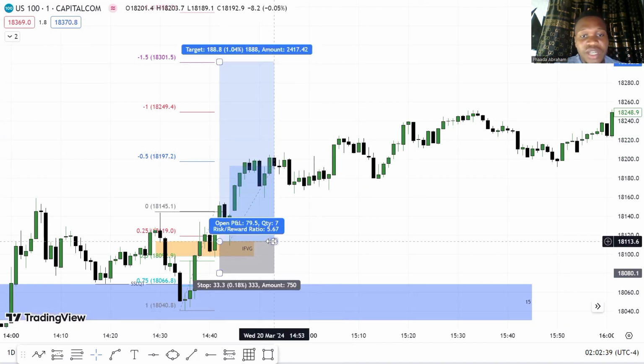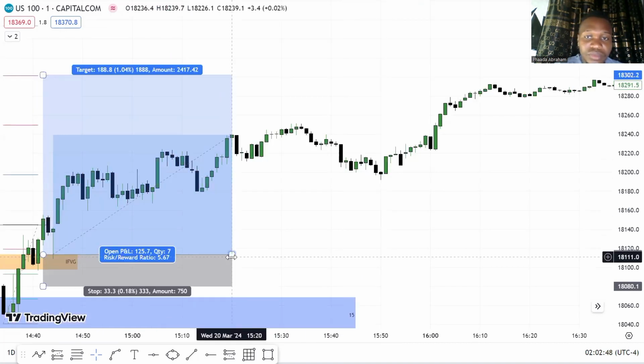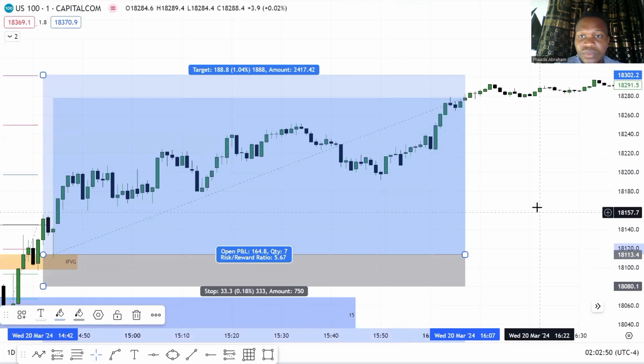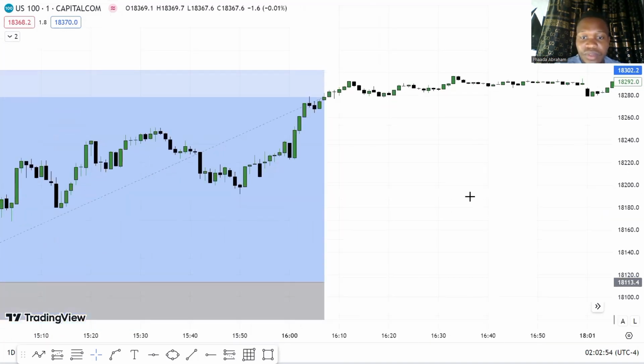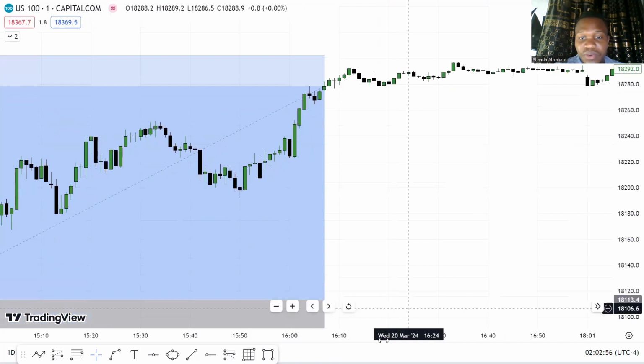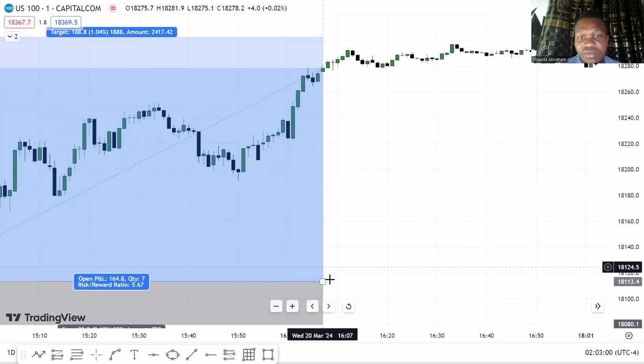So let's see how we behave at minus 1.5 standard deviation. So getting to this 4:20 New York time, the market would have started closing, preparing to close.